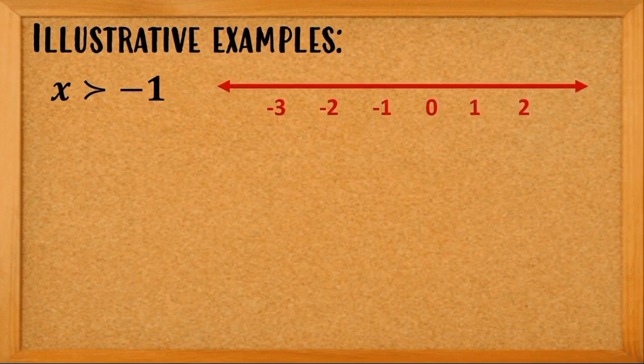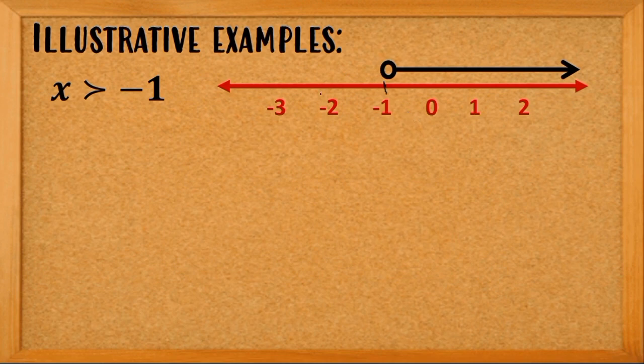You now have seen the point negative 1 here, right? All you have to do is to plot the point. Negative 1 is what we call the critical point. And plot the point on top of negative 1 and draw an arrow to the right side. Ibig sabihin, all numbers greater than negative 1 are the value of x.